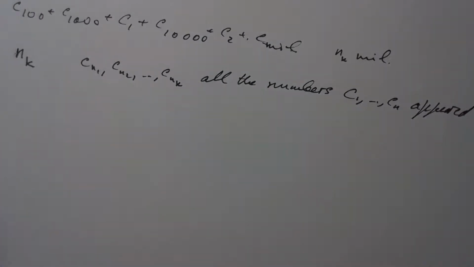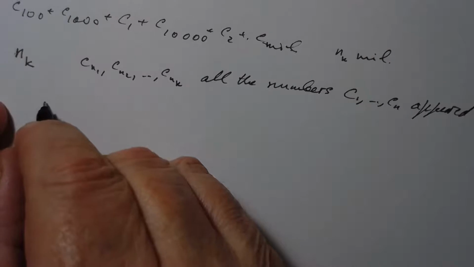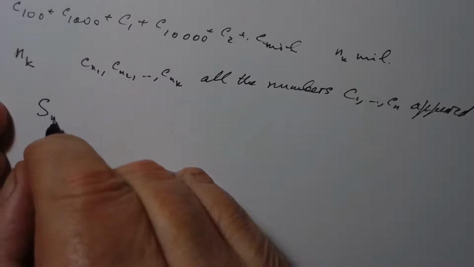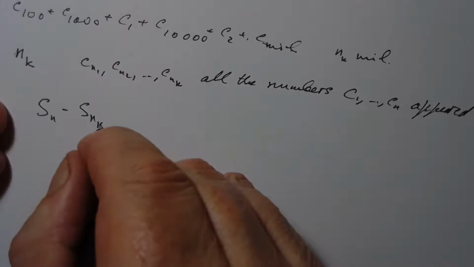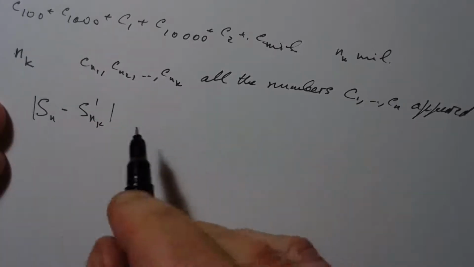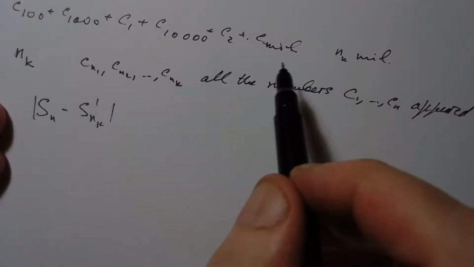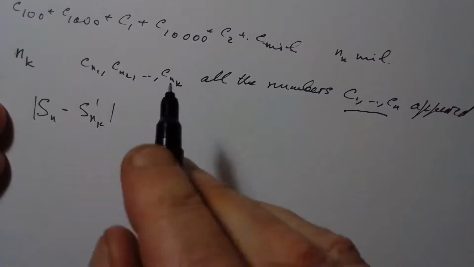Okay, so this is the only point which is not difficult but requires a little bit of thinking. And once you have thought about it really, really hard, you will quickly see that if I look at S_n minus S_{n_k} prime, these partial sums will in particular contain all these numbers C_1, ..., C_n, and they will cancel each other.